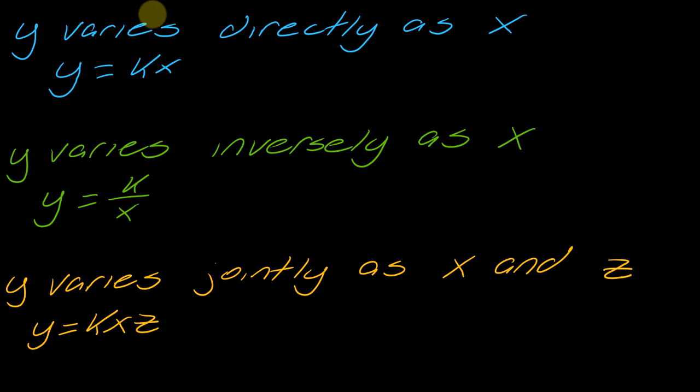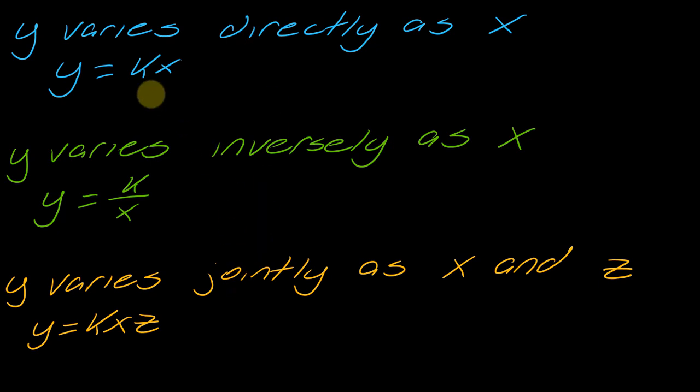The next thing to notice is the language. Y varies, y varies, y varies, and look at this: y equals, y equals, y equals. This tells you where the equal sign comes. That's an important thing to notice. And the last thing to notice is what the words directly, inversely, and jointly mean.